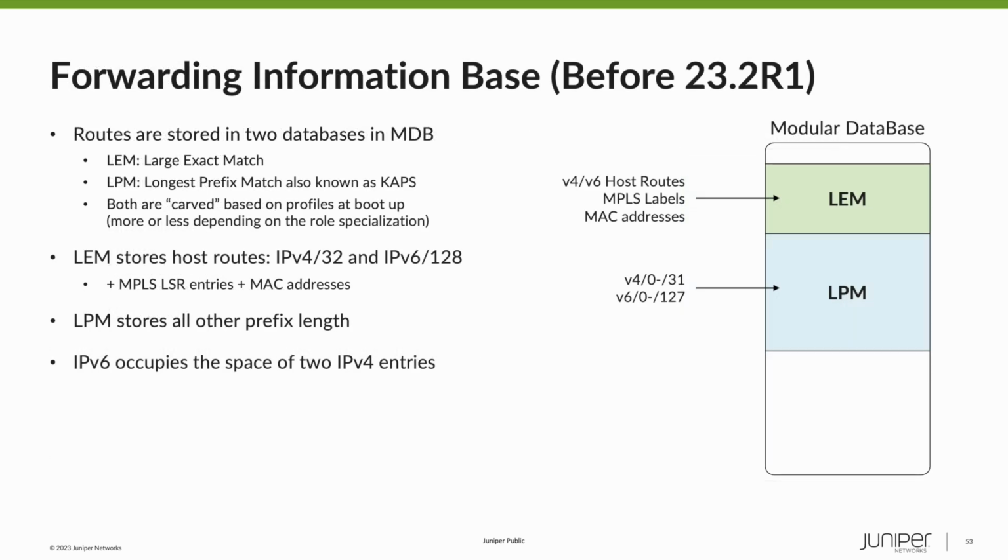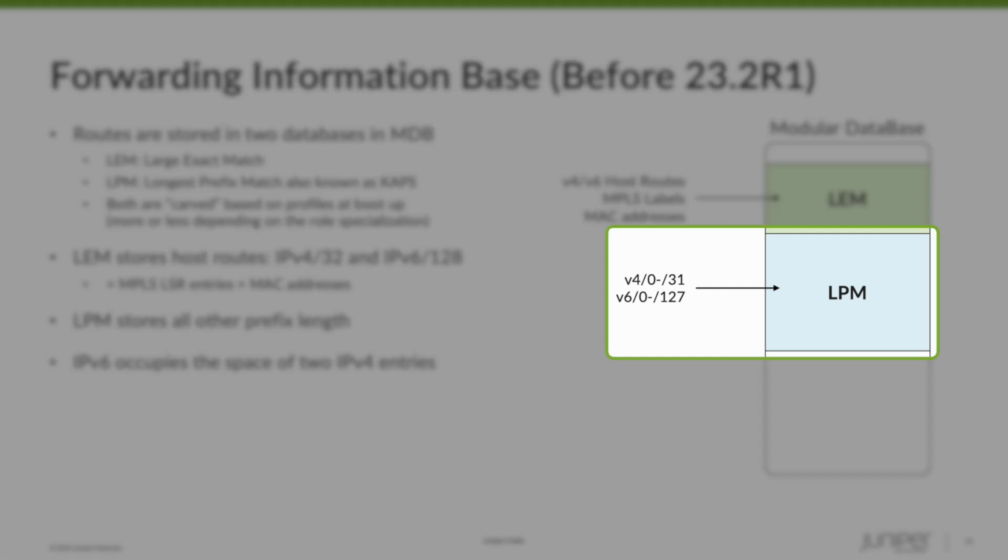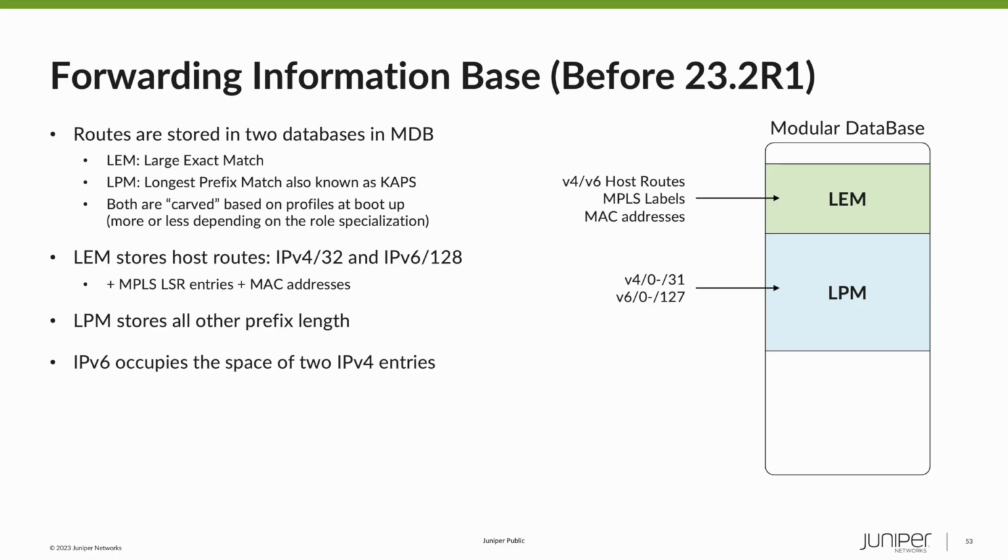So these routes, we are going to change the way we are storing them, and that's done in 23.2. Before that version, we used to have MAC addresses, MPLS labels, and host routes, v4 and v6, positioned into LEM, large exact match. And the rest of the routes were pushed into LPM, longest prefix match memory.